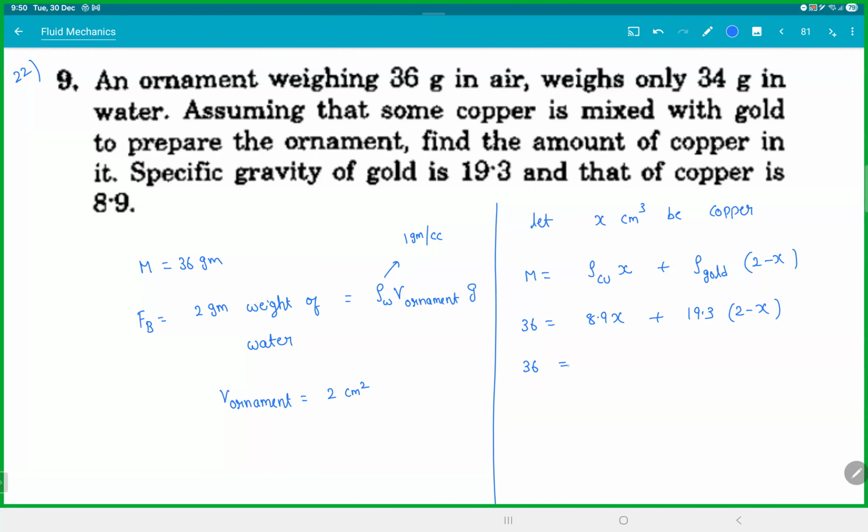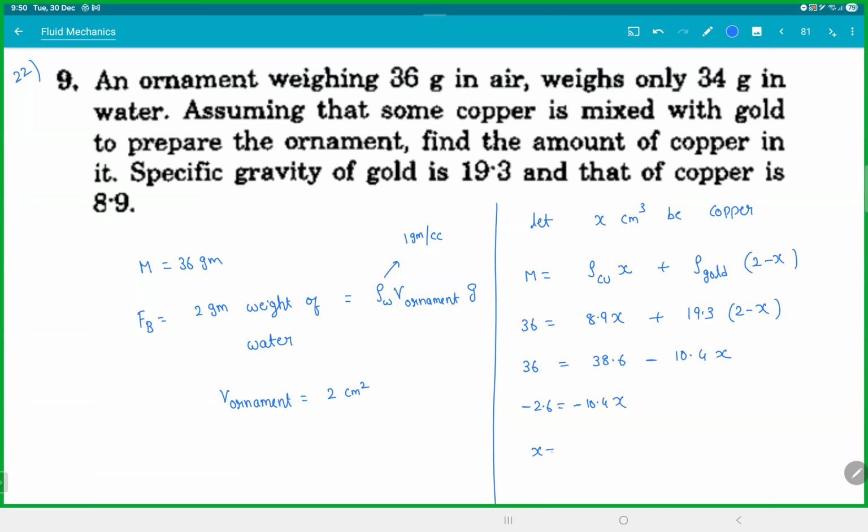19.3 times 2 is 38.6. Minus (19.3 minus 8.9) X, that is 10.4X. Minus 2.6 equals minus 10.4X.